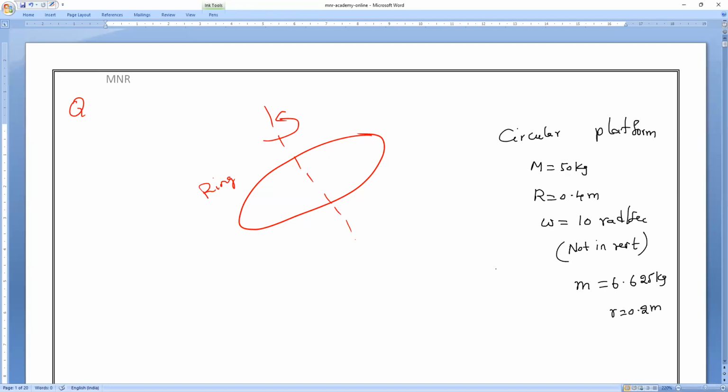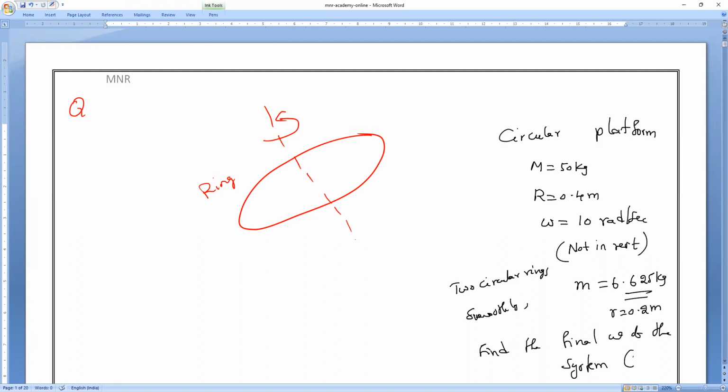Means two circular rings have been kept smoothly at the center of mass. So whose mass is how much? 6.25 kg and r is equal to 0.2 meters. So find the final angular velocity of the system. That is what they're asking.